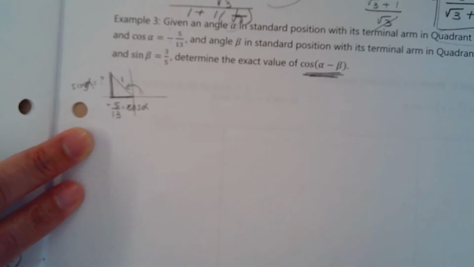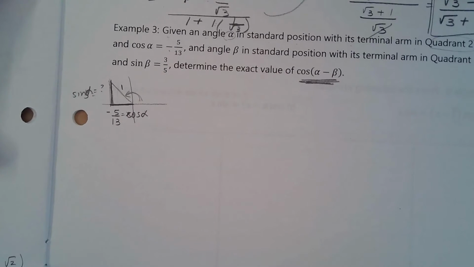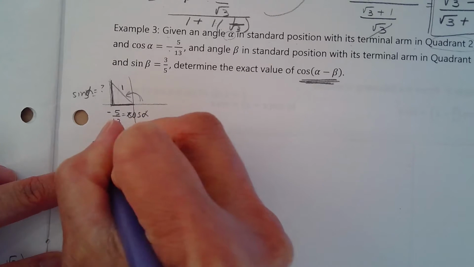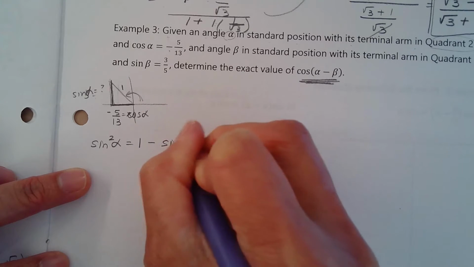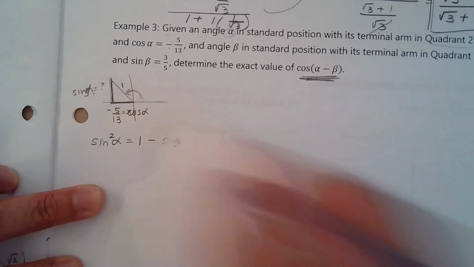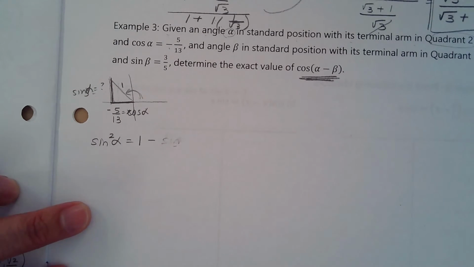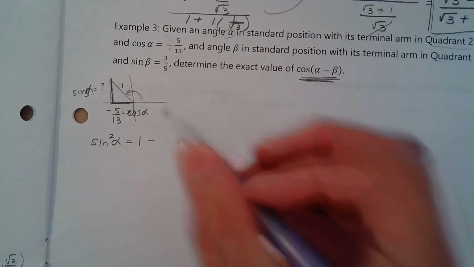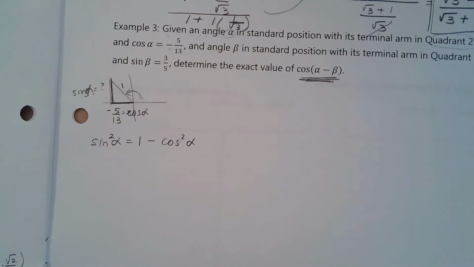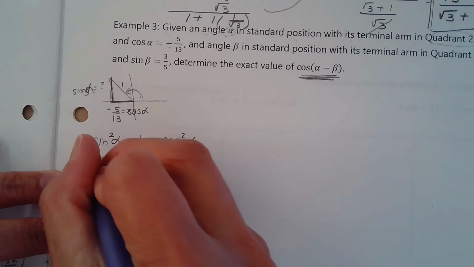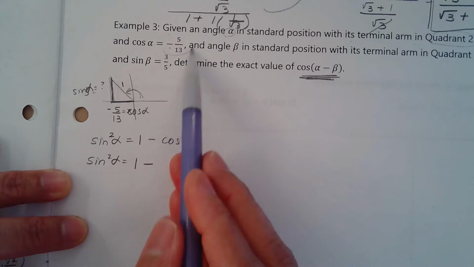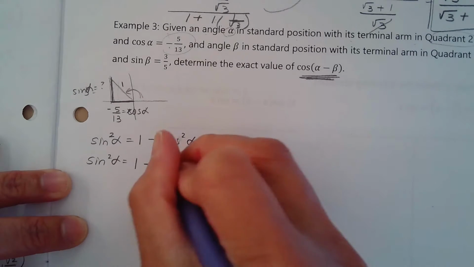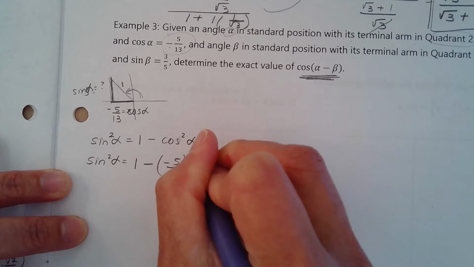Oh, this is blurry. Okay. So, we know sine squared alpha is equal to 1 minus cos squared alpha. This is much better, a little bit faster. So sine squared alpha is equal to 1 minus, well, our cos is negative 5 over 13, so I'm going to put negative 5 over 13 squared.